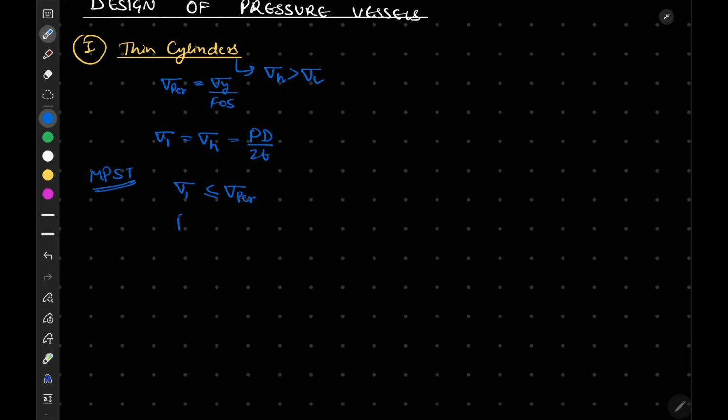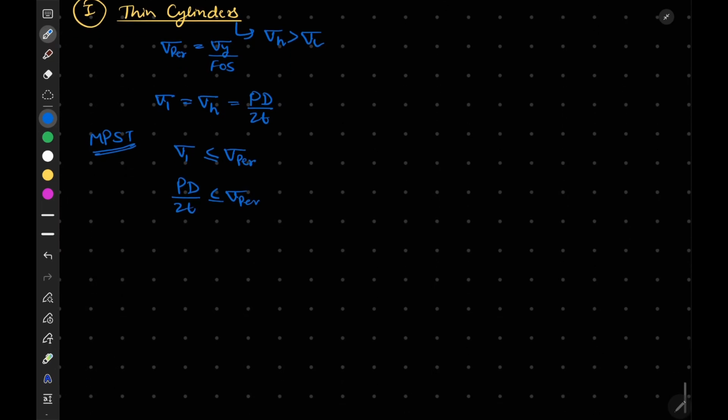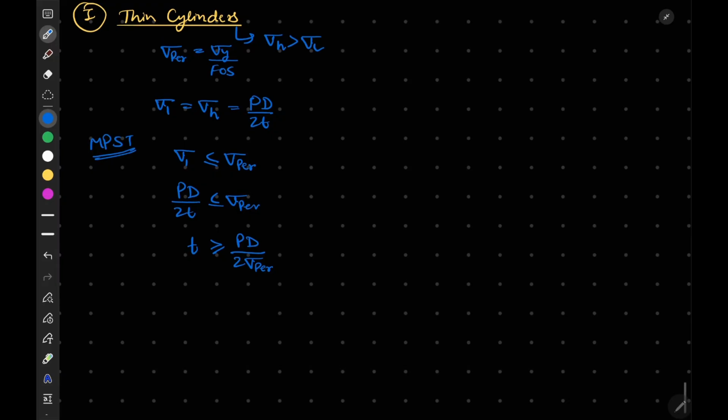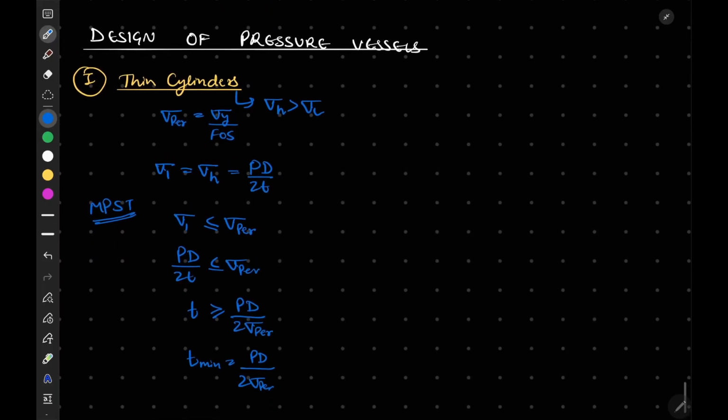So PD by 2T must be less than or equal to sigma permissible. From here we can calculate T. Thickness must be greater than or equal to PD by 2 times sigma permissible, and we can also write that T minimum is equal to PD by 2 times sigma permissible. So this is about thin cylinders.